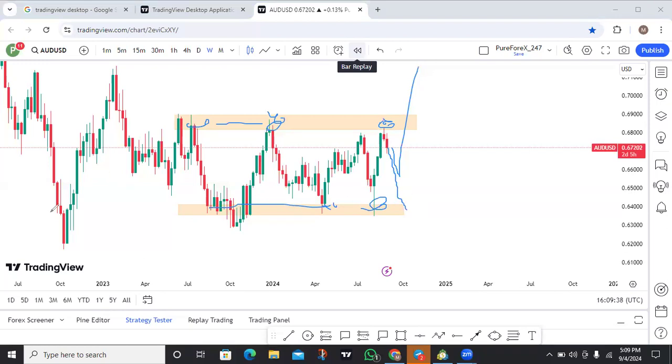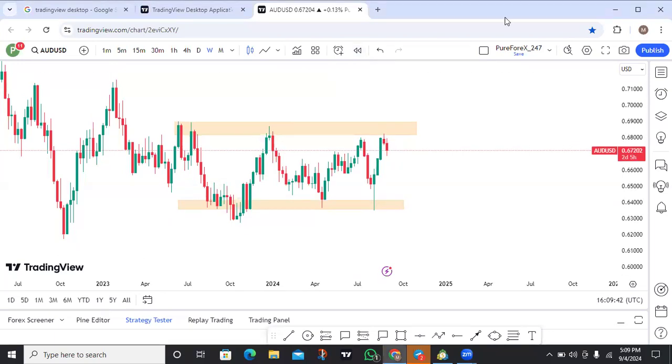However, the weekly time frame has already given us a sign that this was an impulse, and then we are in another correctional phase. So with this, we can comfortably be looking for selling opportunities in the lower time frame, because at this point the market is moving sideways. Whenever it touches the resistance, price finds its way down. Whenever it touches support, price finds its way up.